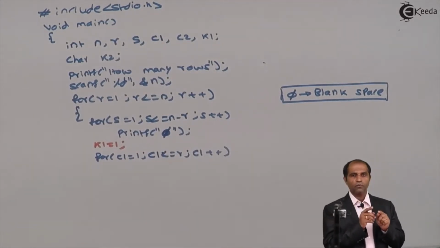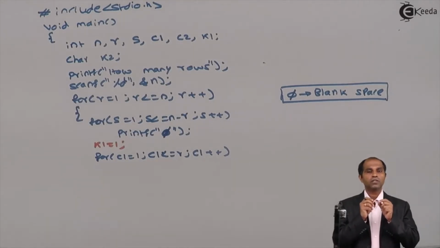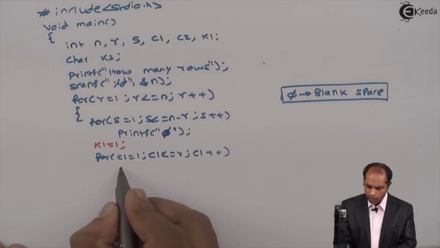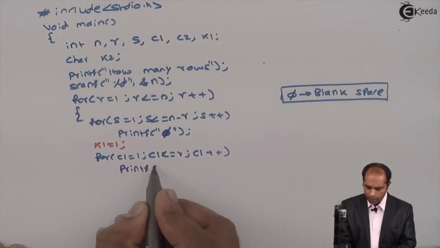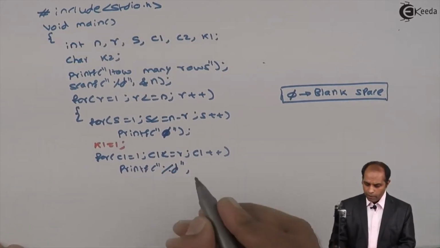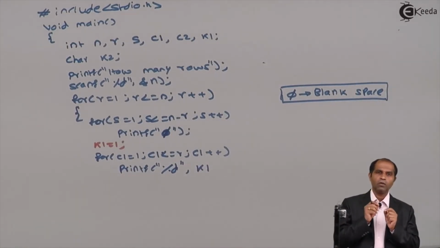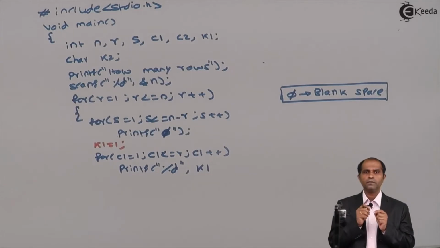Now when C1 is moving from 1 to R, what action do you want to do? You want to print the value of K1. Since K1 is an integer variable, I'll use a printf instruction in this fashion: printf %d, comma K1. But if I just say K1, your K1 is set to 1 always, so it will always print 1.